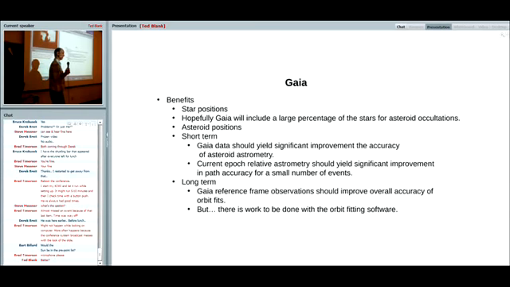It should allow us to do some tweaking of the position for paths until we get better orbits. And that's what I mean here by relative astrometry, doing relative-based astrometry near term. I think we may be able to get some benefit with that. Basically, the Gaia reference frame will hopefully be solid enough that we can treat it like a large relative reference frame.